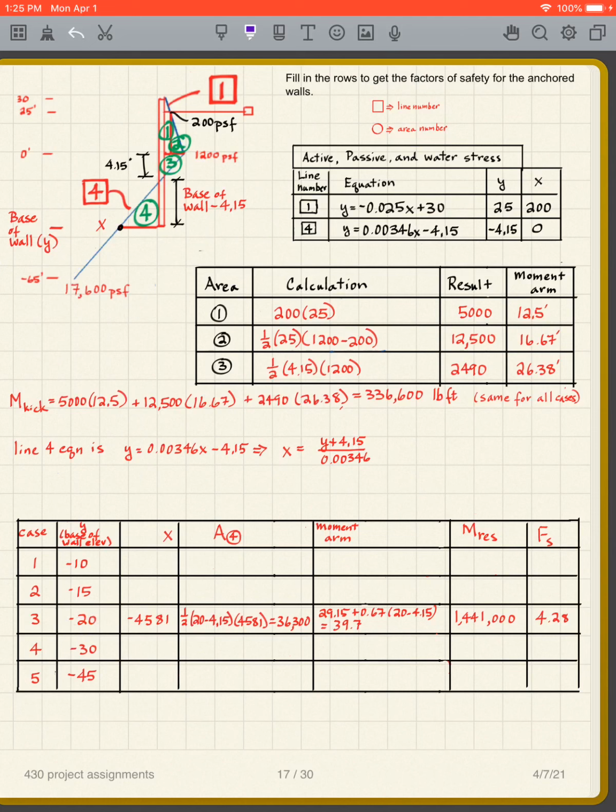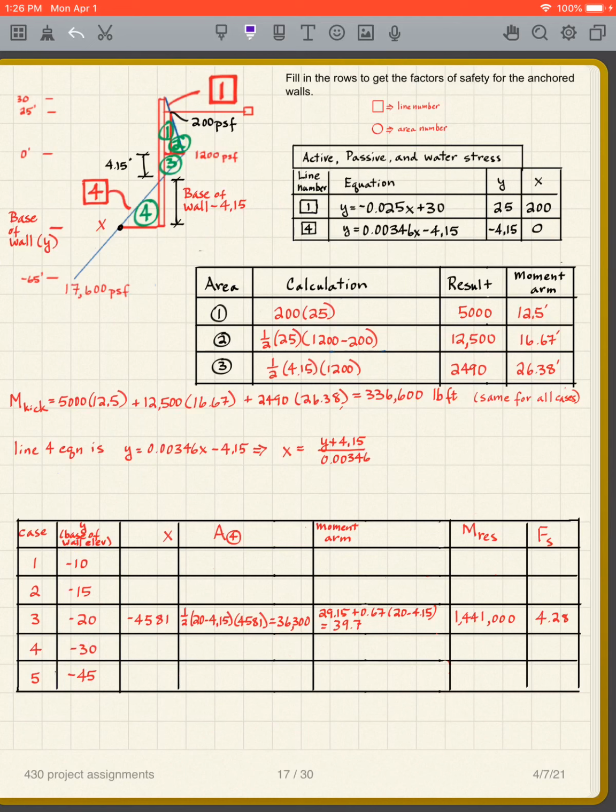So if you look at this, what you find is that areas 1, 2, and 3 never change. So for each of these cases, for the different wall depths, the base of the wall, there's my different ones: negative 10, negative 15, negative 20, negative 30, negative 45. So I've got my different cases there.